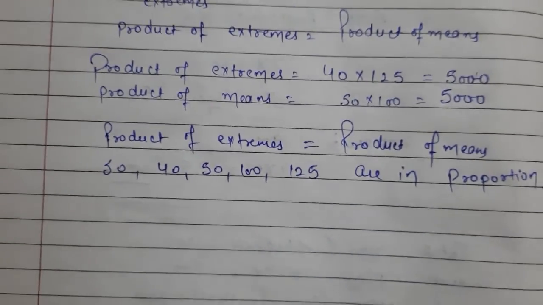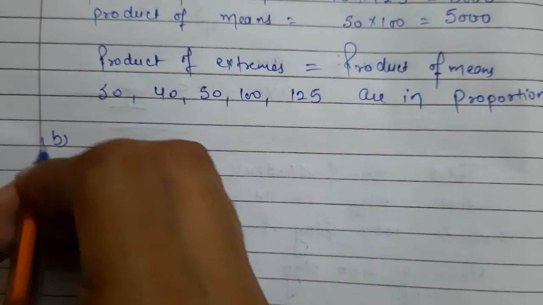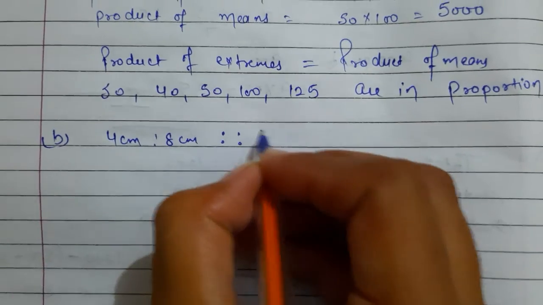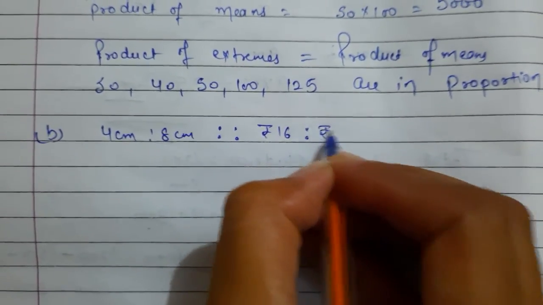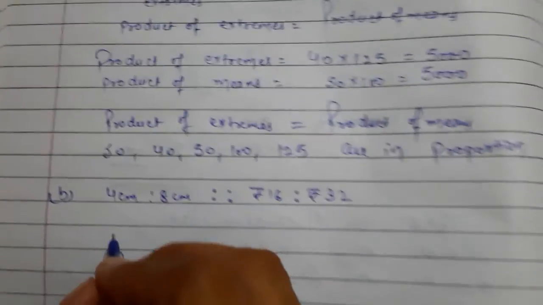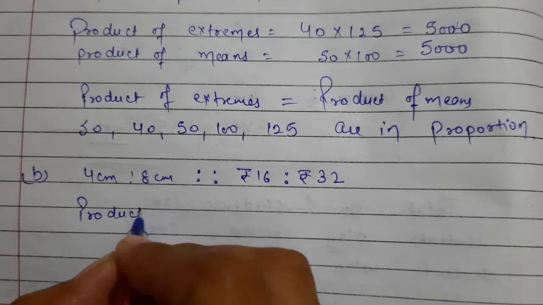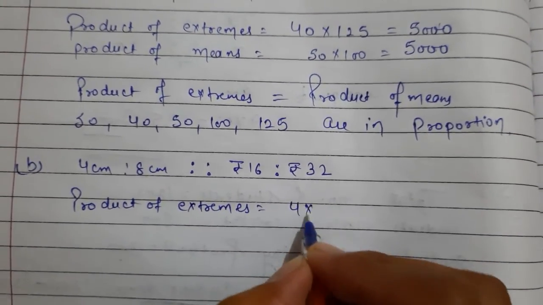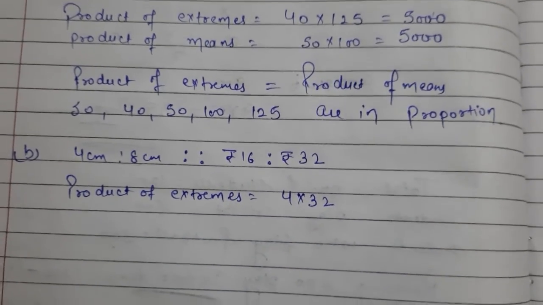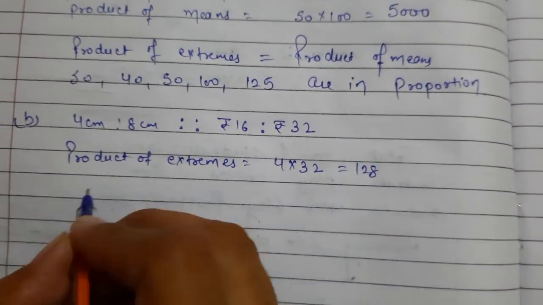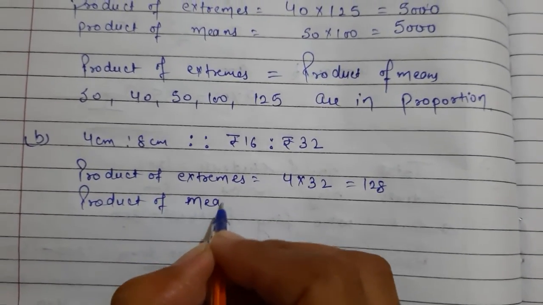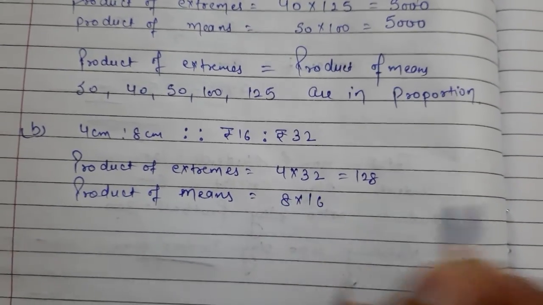Like this way you have to do. Let's see the next part. 4 centimeter, 8 centimeter, rupees 16, rupees 32. That also we have to do the same, to check whether they are in proportion or not. So first of all we will do the product of extremes. Who are at the extremes? 4 multiplied by 32. When we multiply, we will get 128. Next is the product of means, 8 multiplied by 16.